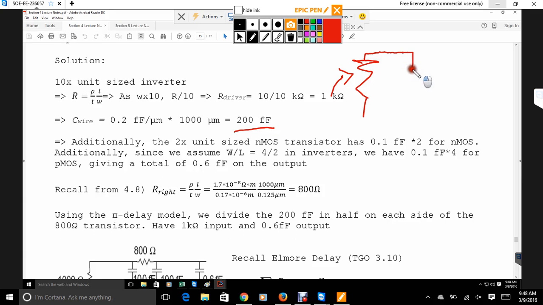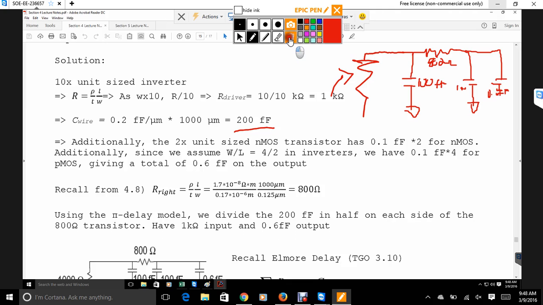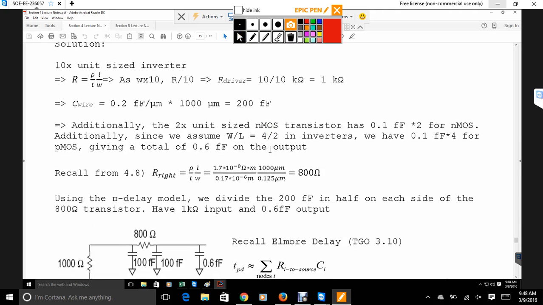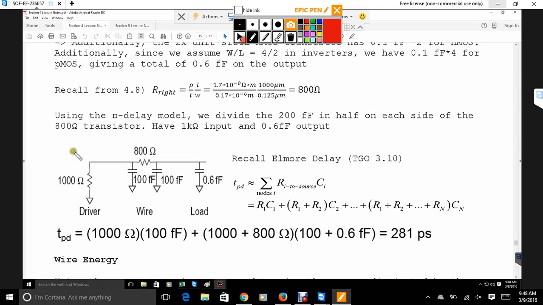So we're going to have a capacitor here that's 100 femtofarads, and then an 800 ohm resistor, and then another 100 femtofarads. And then on the output, we're going to put 0.6 femtofarads, and this, of course, goes to ground. That's how we derive this circuit.